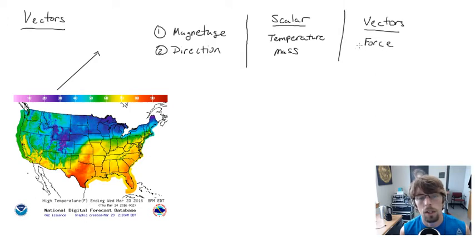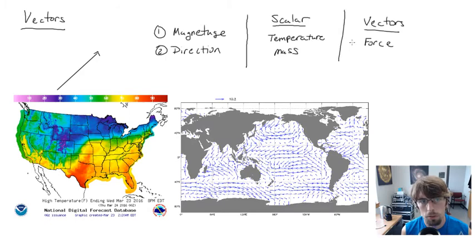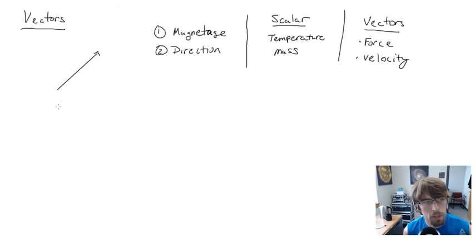It's not only how strong are you being pushed or pulled, but which direction. Or something like velocity, how fast you're moving and in what direction. So that's why vectors come into play, because they're useful and they help us do some stuff. From a graphical standpoint, we said length of an arrow, you put an arrowhead on it, that indicates the direction, and you're done.